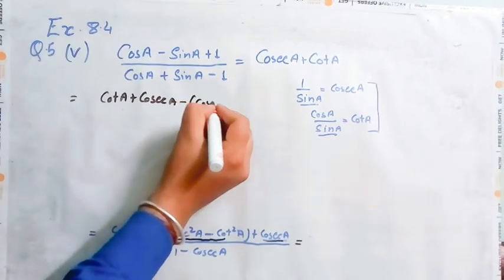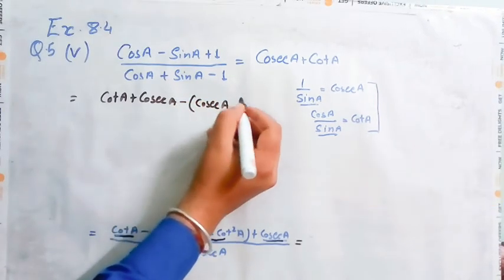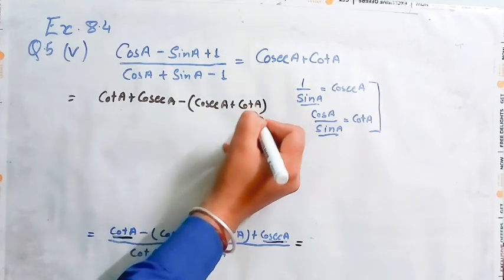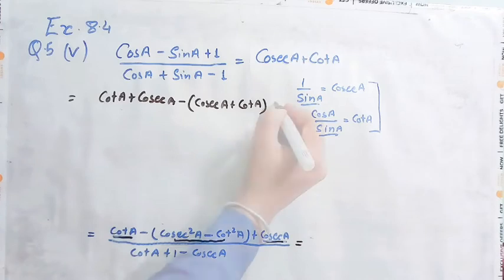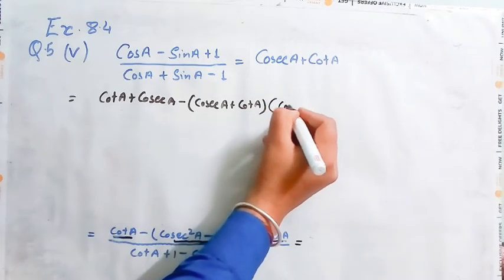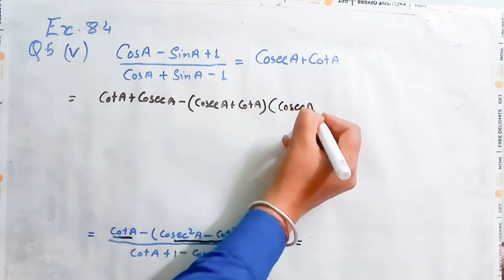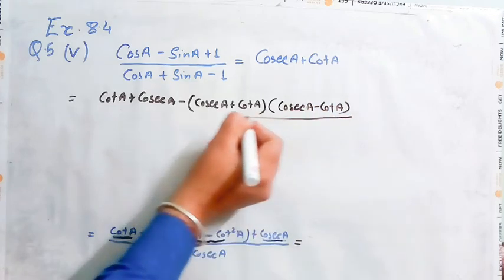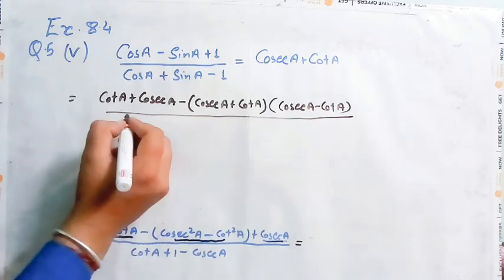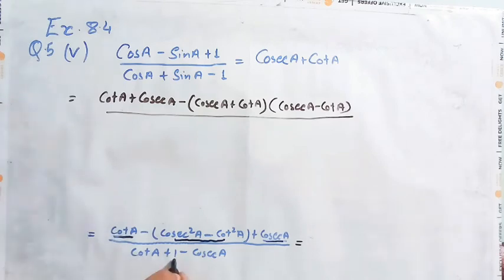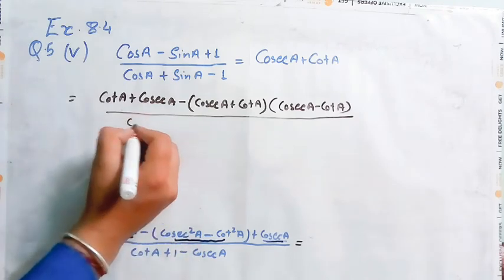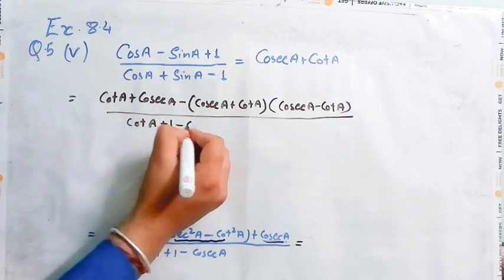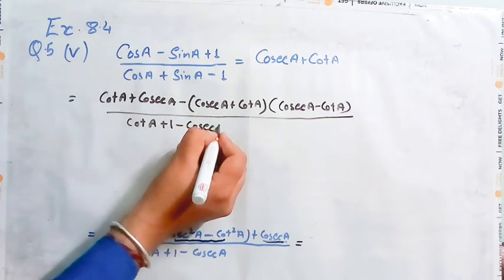So cosecant A plus cot A whole multiplied by cosecant A minus cot A, and the denominator part we have to write as it is, that is cot A plus 1 minus cosecant A.